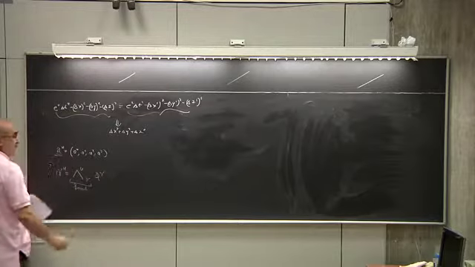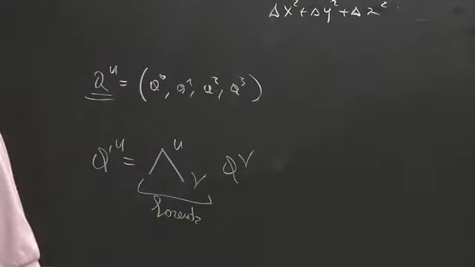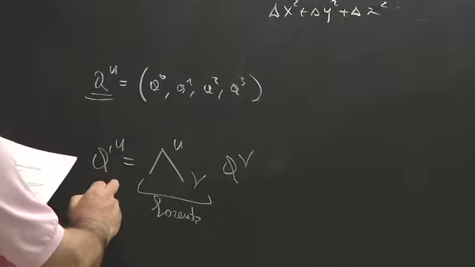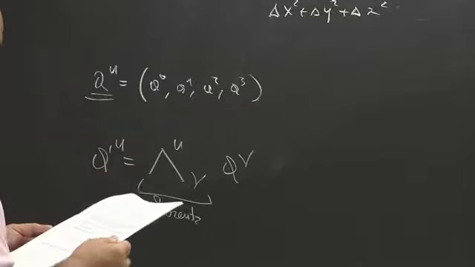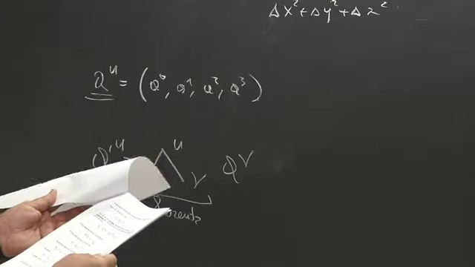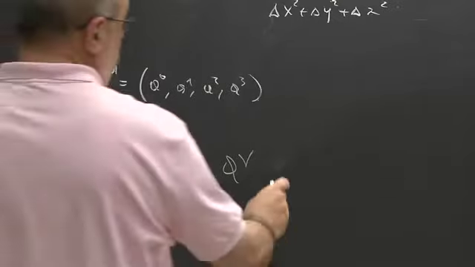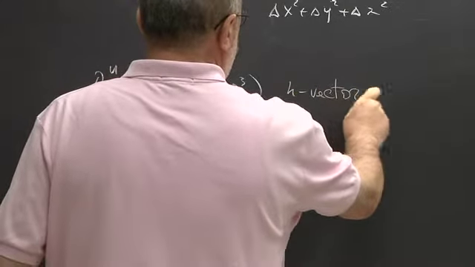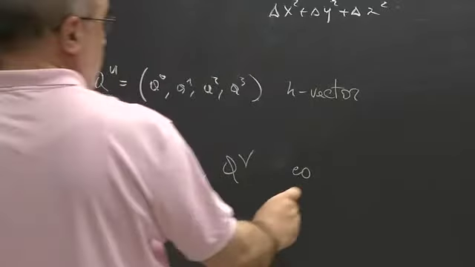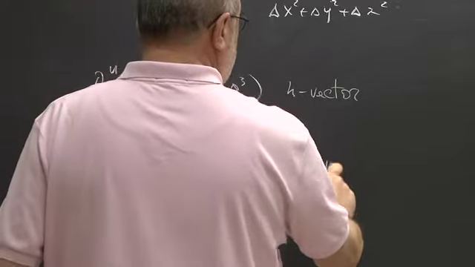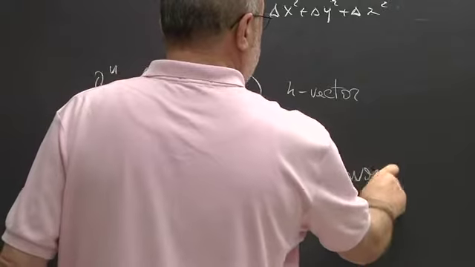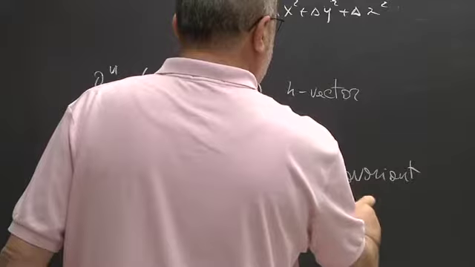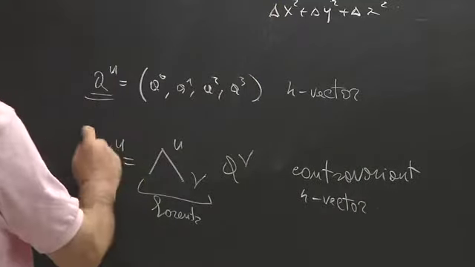If it transforms in this manner, okay, then you call this object with the index up, I always mix up the things, contravariant. So this is a 4 vector, and if it transforms under a Lorentz transformation in this manner, this is called a contravariant 4 vector. Basically, the contravariant one, we put the index up.